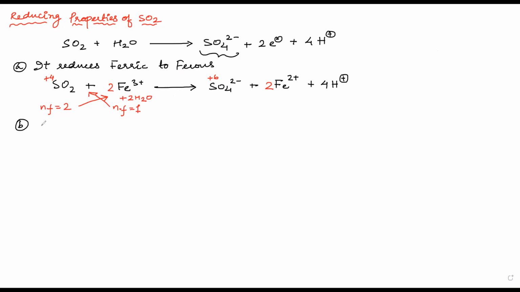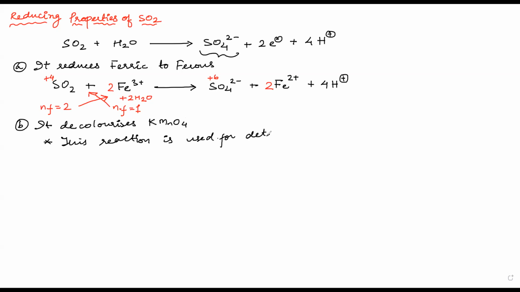Okay. It reduces ferric to ferrous. Now, it decolorizes KMnO4. Now this reaction is used for detection of SO2. It decolorizes KMnO4 from pink color.